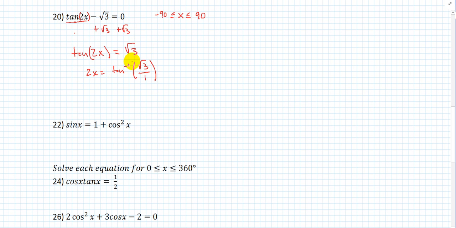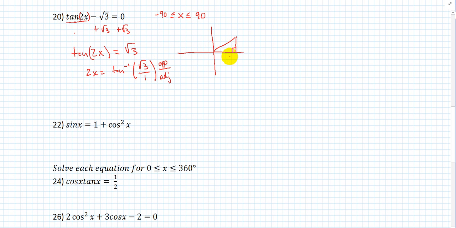You may get to a point where anytime you see a root 3, you think 30, 60, 90, but if you don't, this is why I'm doing it this way: just taking the inverse gets you this point. Then you look at where you have tangent root 3 over 1. Remember, this is opposite over adjacent, and so they're both positive, so the easy one is right here.